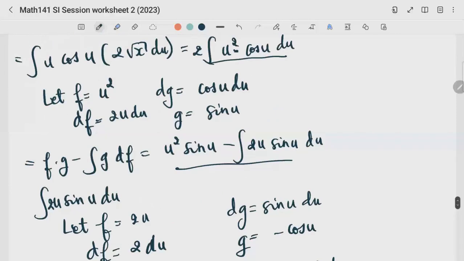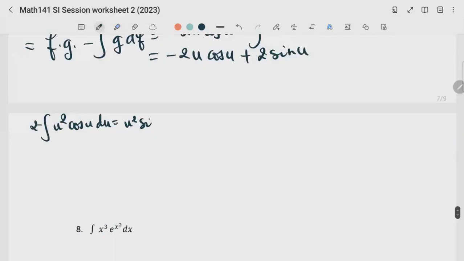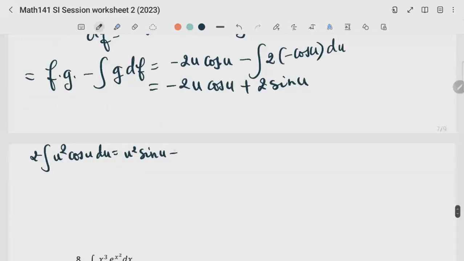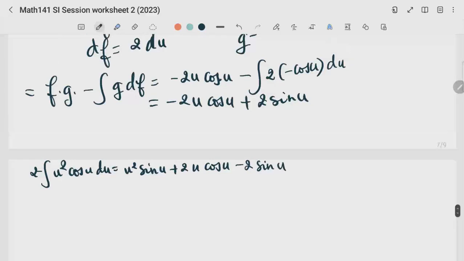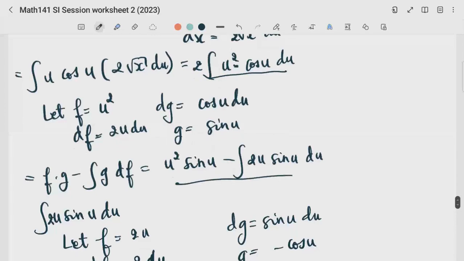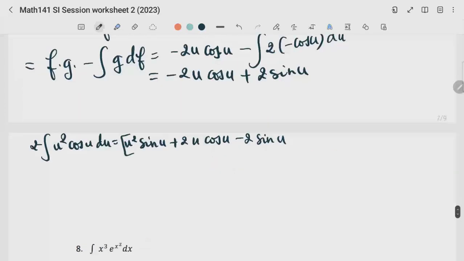So that would be u squared sine u minus this integral here, which we just found to be this entire thing. So it will be minus minus, so 2u cos u minus 2 sine u. So now we got to that point here. Oh, we forgot about the 2 there. So there's a 2 here multiplying outside.